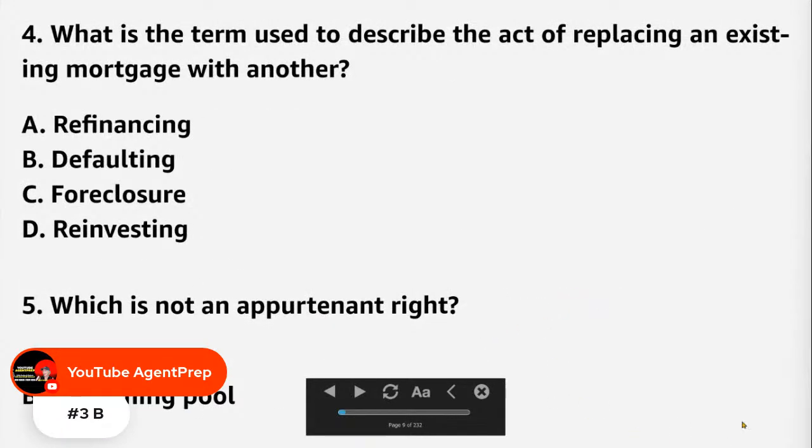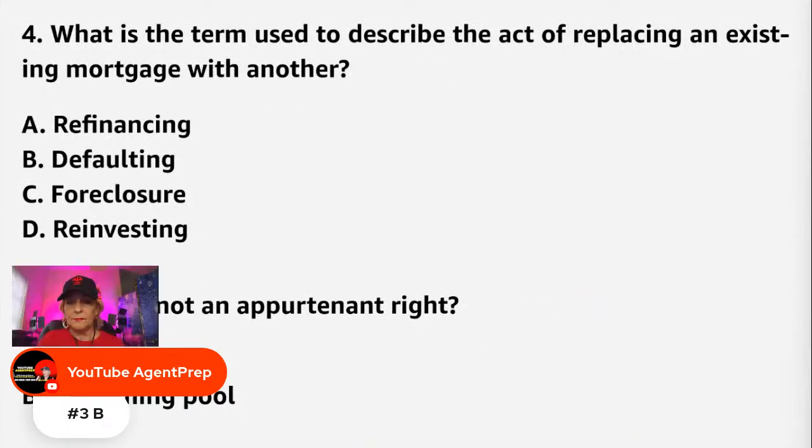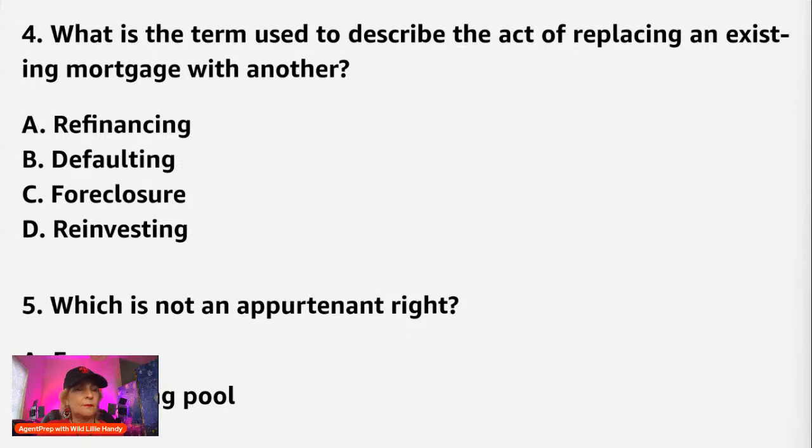Number 4. What is the term used to describe the act of replacing an existing mortgage with another? So you've got one mortgage and you want to replace it with another mortgage. What is that called? A, refinancing. B, defaulting. C, foreclosure. Or D, reinvesting.